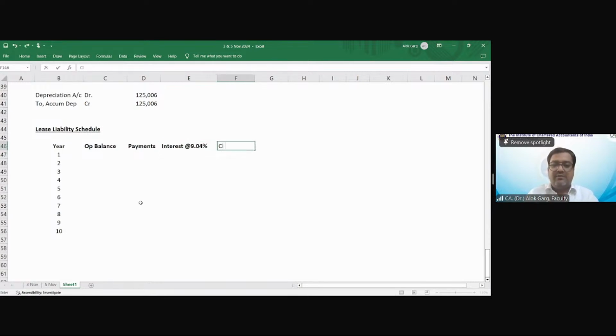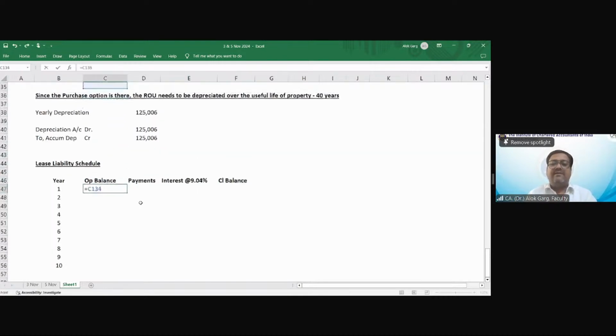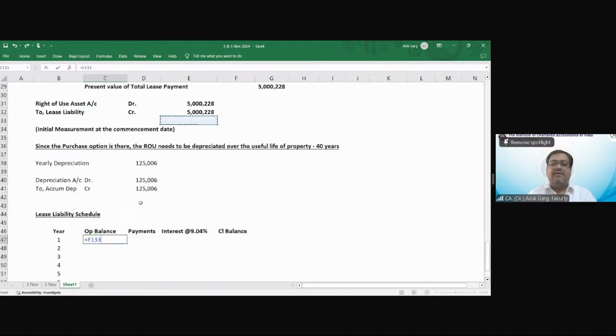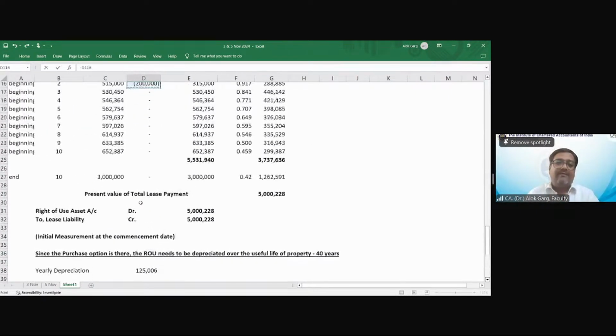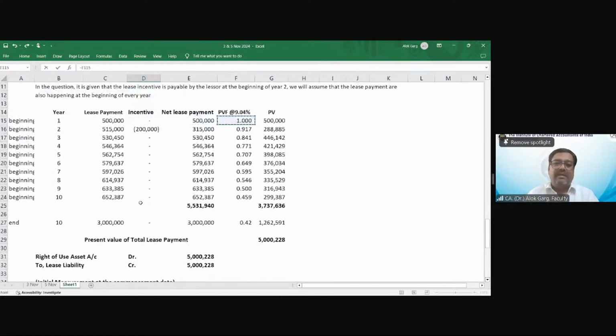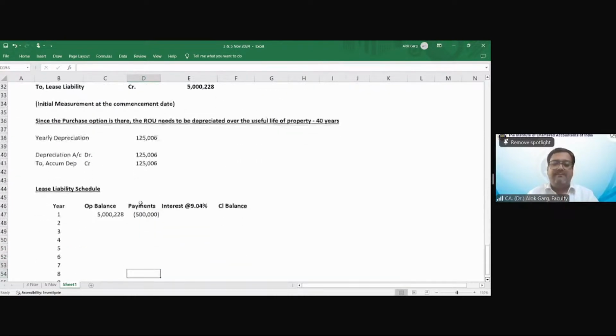Then there is a closing balance. What is my opening balance? 50 lakh 228 is my opening balance. What is my lease payment at the beginning of the year? 5 lakh. My lease payment at the beginning of the year is 5 lakh.